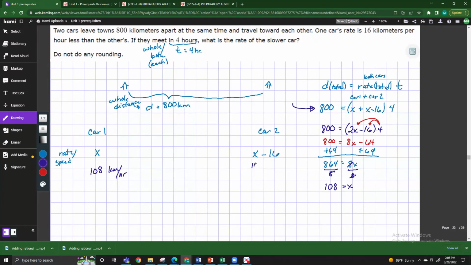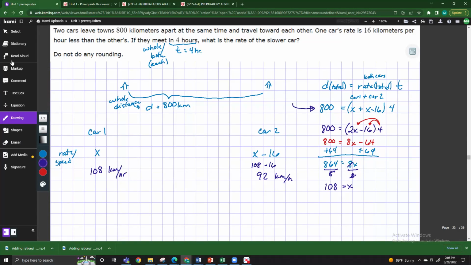So it's 108 minus 16. So this is 92 km per hour. And it's asking for the slower one, so it's the 92 kilometers per hour.